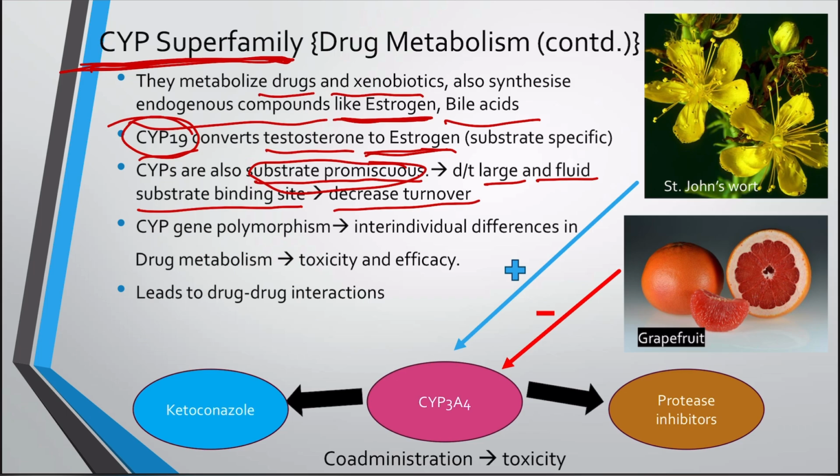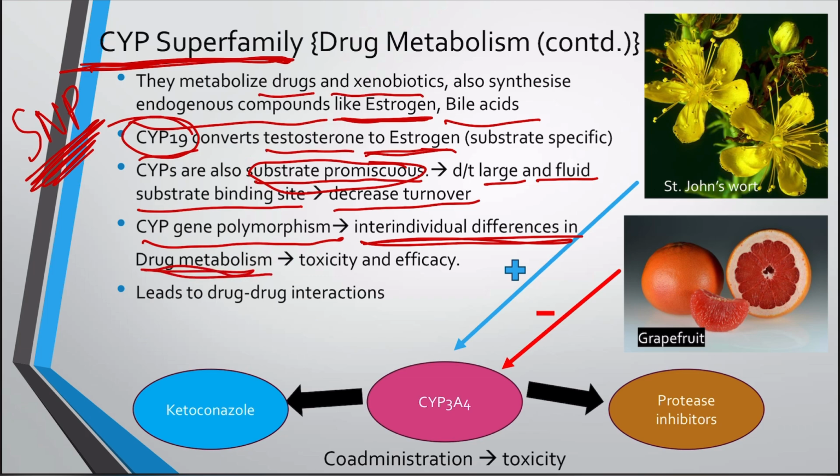Next, coming to CYP gene polymorphism. By polymorphism we mean the presence of two or more variant forms of a specific DNA sequence that can occur among different individuals or populations. One of the most common types of polymorphism is SNP, that is single nucleotide polymorphism. It is responsible for causing inter-individual differences in drug metabolism, and as a result this can lead to toxicity and also increased efficacy.